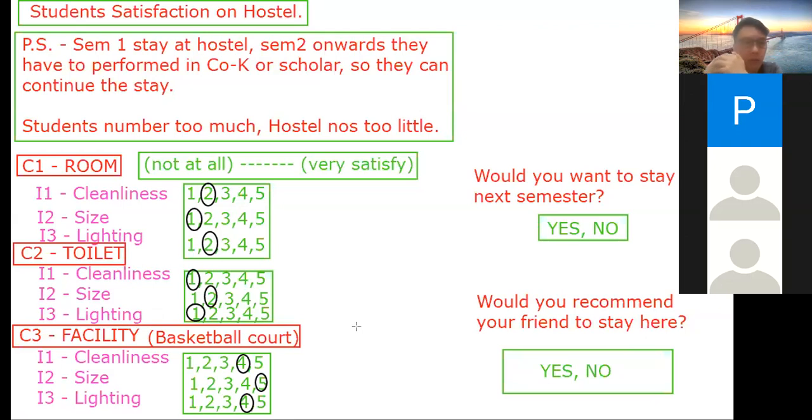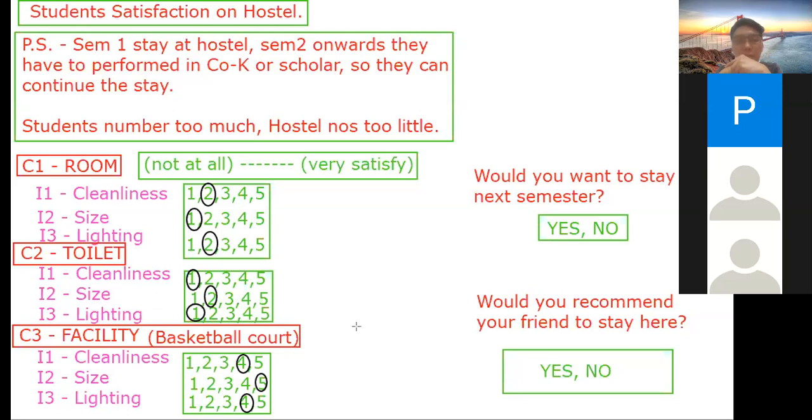Yes. Okay, can you tell me what are the last three? What do you mean, last three? The least satisfied, the last three items, the most unsatisfied items.